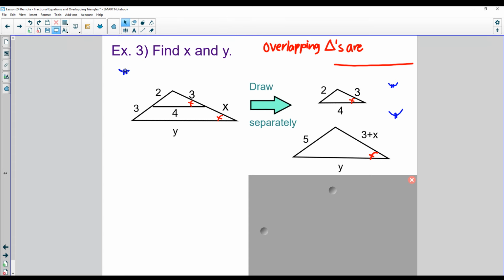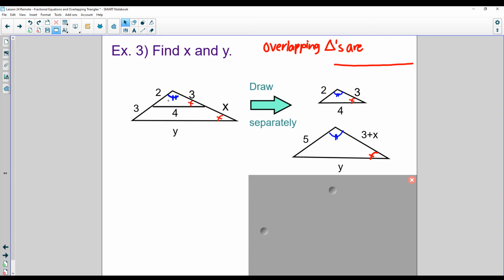What you also need to recognize, even if it's not marked, is that this top vertex is shared by both of the triangles. So I've redrawn them separately. I drew the little one, I drew the big one. I put in those red angles that are given, and then I'm going to put these blue angles in. That is the same angle, it comes from the same place.